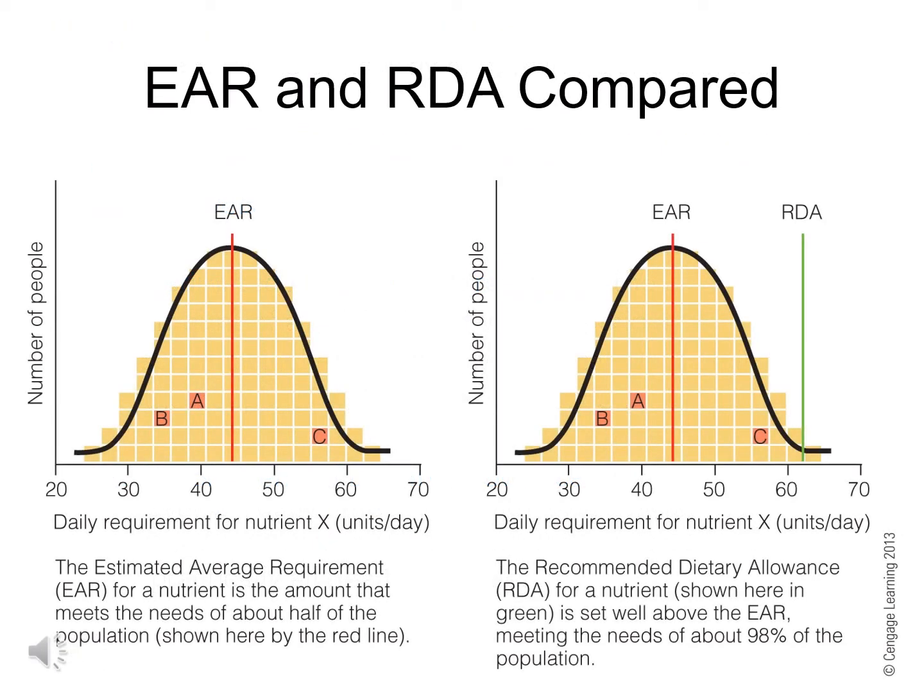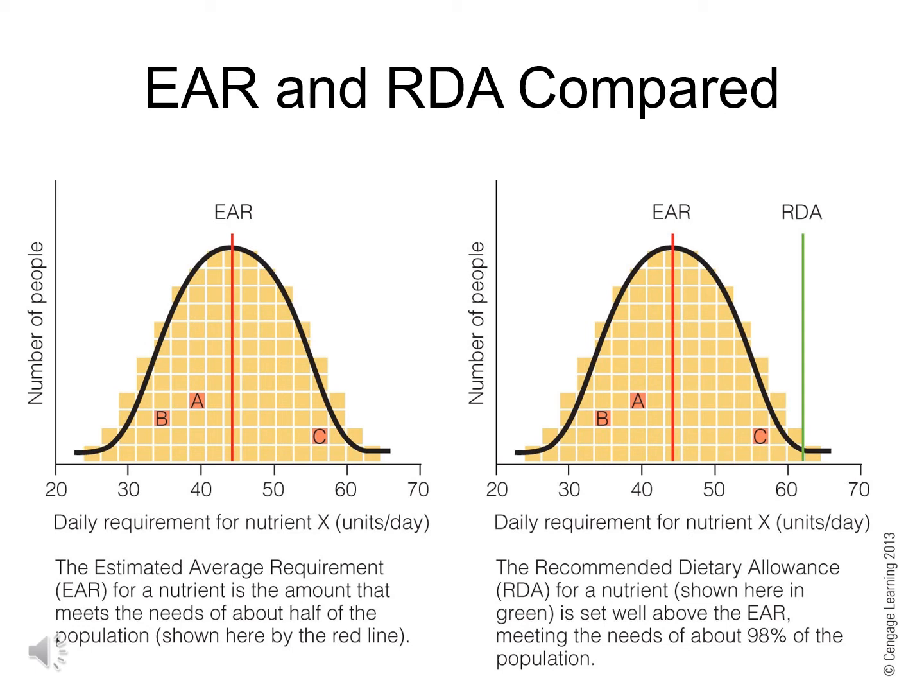This particular figure shows the comparison between the estimated average requirement and the recommended dietary allowances. The estimated average requirement, as you can see, sets its value right at the halfway point. So it's setting a requirement right about the point that it will meet the needs of about 50% of the population.